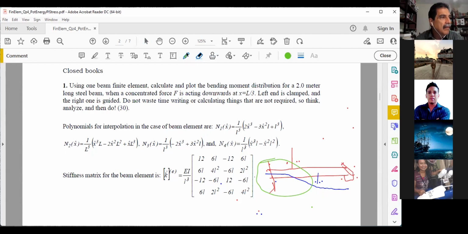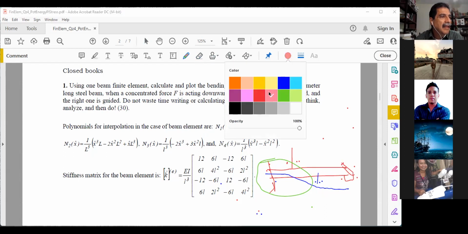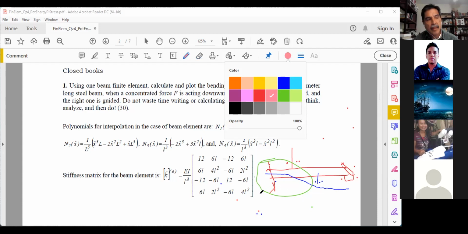Why do you say that in this area you expect the bending moment to be negative? Mr. Ruiz, why do you expect in this area the bending moment to be negative? Good morning, doctor. By definition, the bending moment is negative of the shear force.